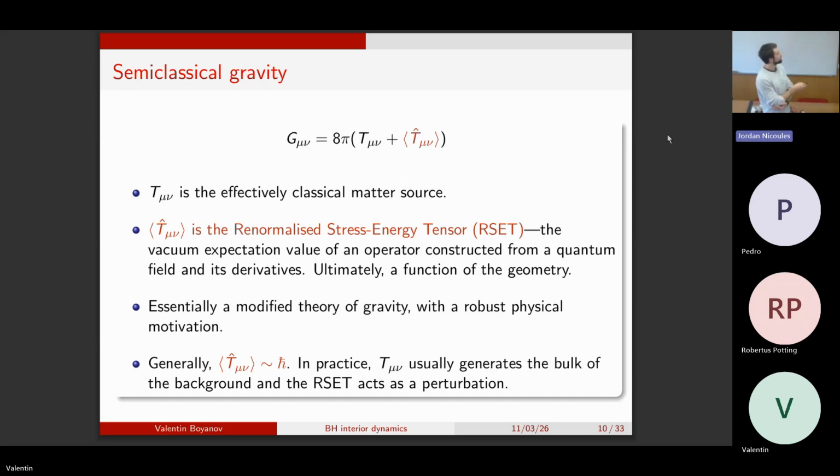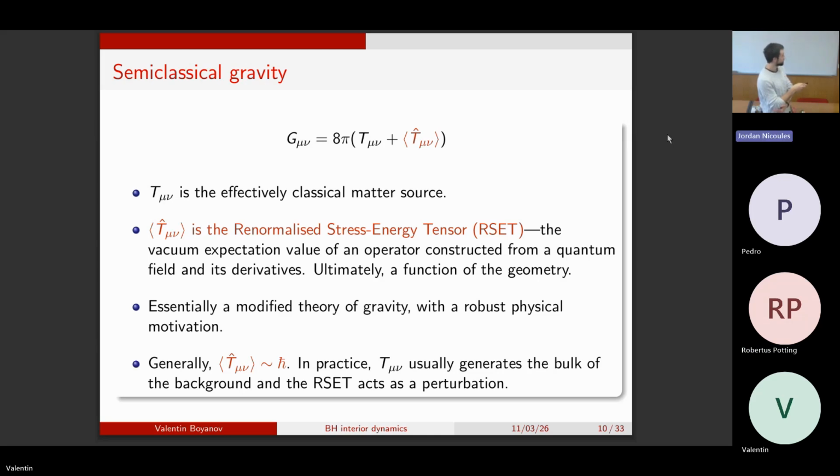And since it's the vacuum expectation value, it still retains its quantum behavior. And once you calculate this quantum field and renormalize it, it ends up being a function of the geometry. And so these equations essentially behave like a modified theory of gravity.